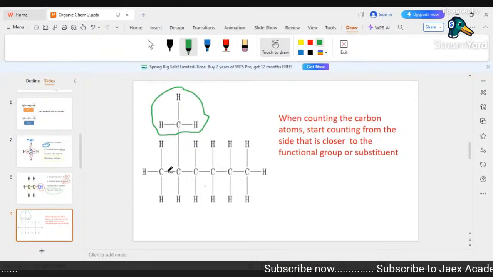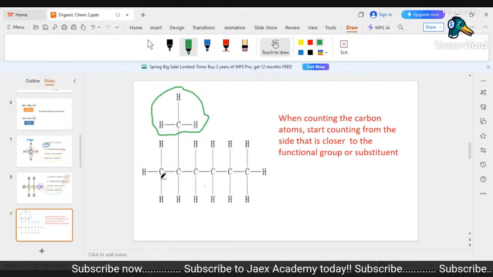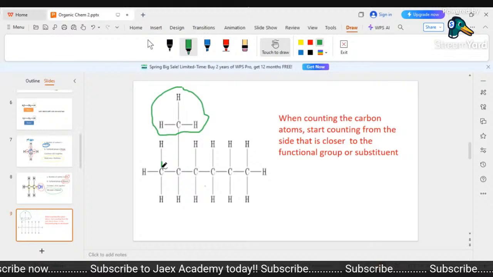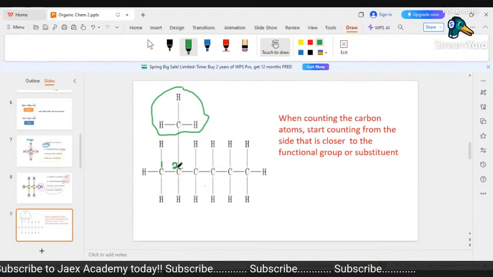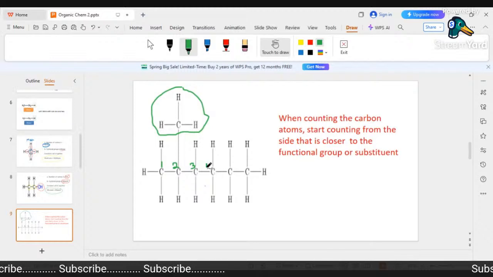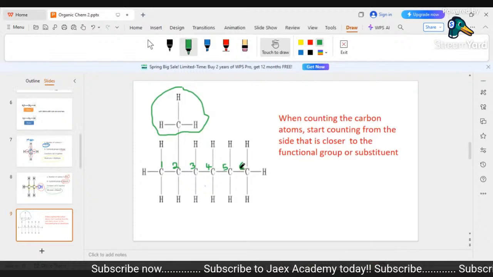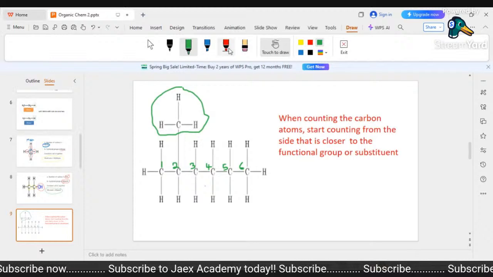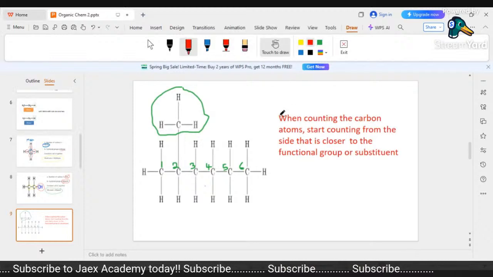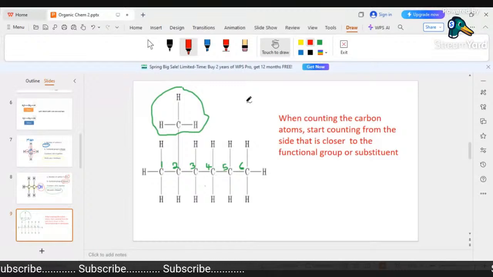Now, how do we go about it? Let's follow the rule. Let's say we want to start naming now. Let's count from up. 1, 2, 3, 4, 5, 6. Now, if we count from the up side, you realize that this is 6 carbon atoms, and 6 is called what?